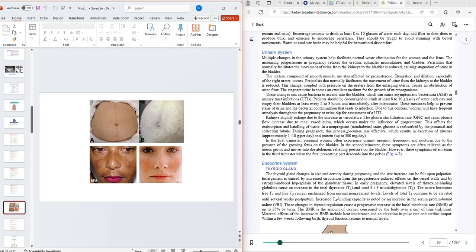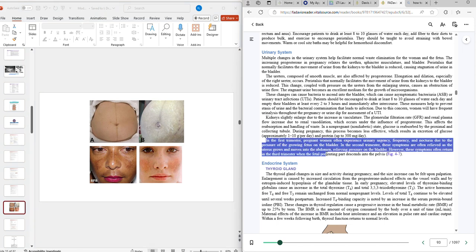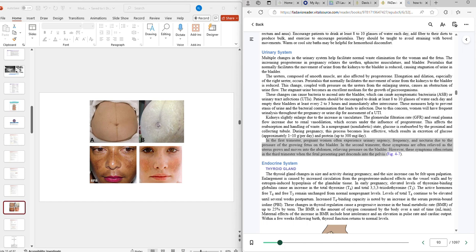Urinary system. So another winking lollipop here in this paragraph on page 93. So your first trimester, women usually have urinary urgency during the first trimester, okay? Getting up at night during the first trimester.